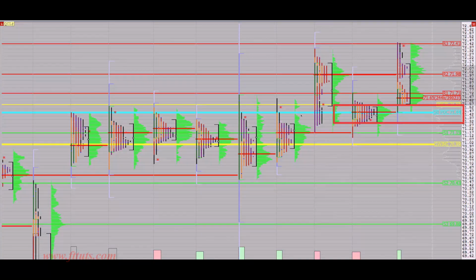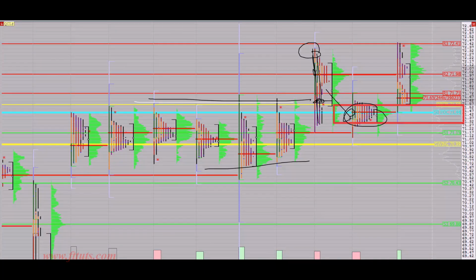Well, here's an example where I have a prior balance area, and the auction in this case actually opens above the range and is gunning back in this direction. So that gives me an opportunity to target, and the next day it gets follow through back inside that range.